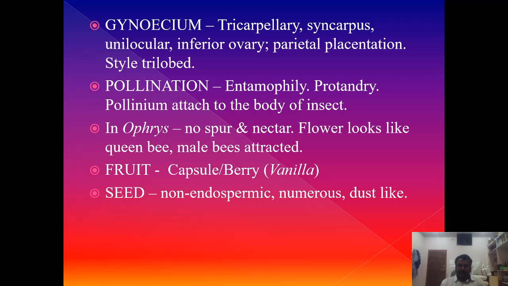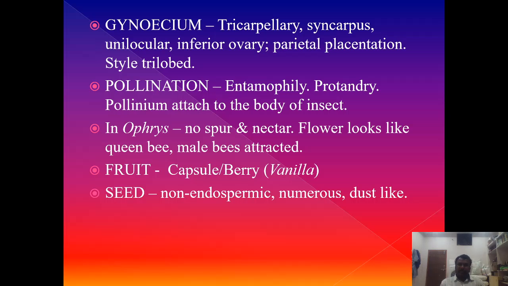Now gynoecium. A tricarpellary syncarpous unilocular gynoecium is present. Ovary inferior, parietal placentation, and the style divided into three lobes. Pollination is entomophily.